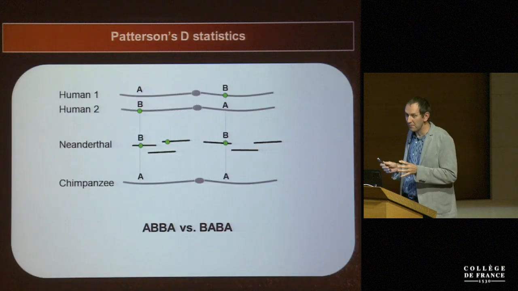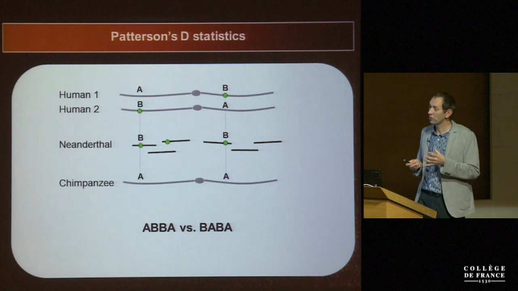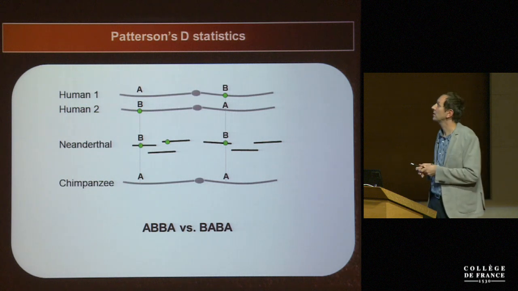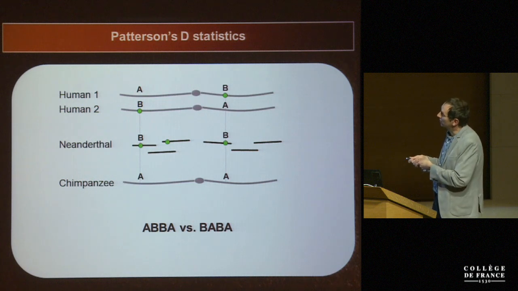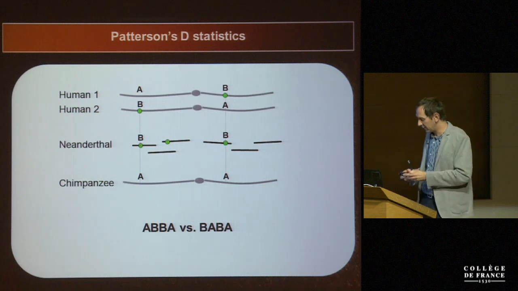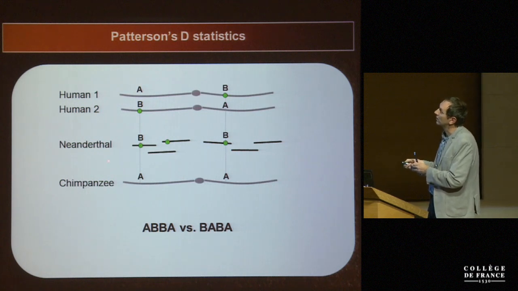And there are many ways that you can analytically approach this question. I just want to show one of them because it's one of the simplest things that you can do. So you can simply determine, using the Neanderthal genome, the affinity of two humans to a Neanderthal.